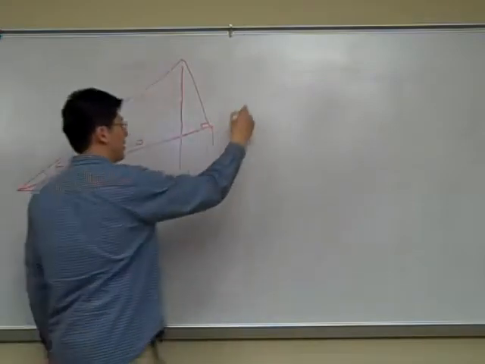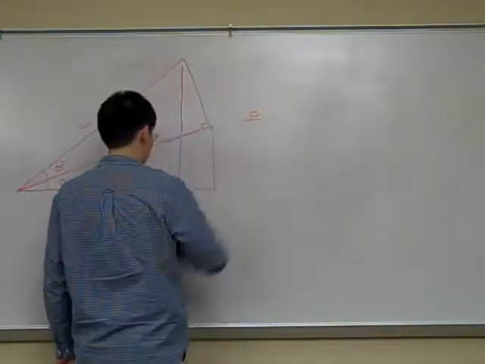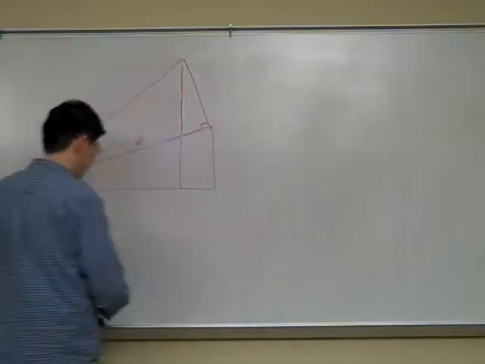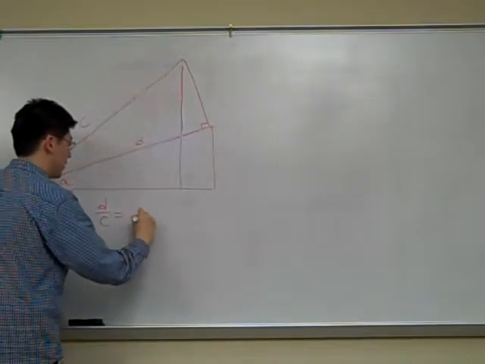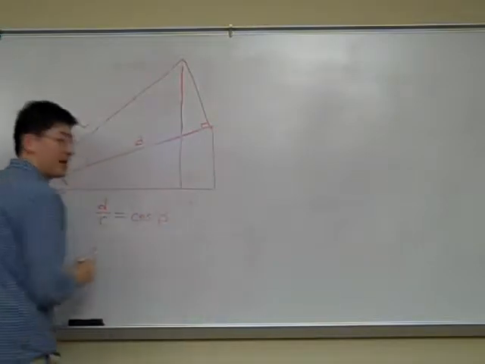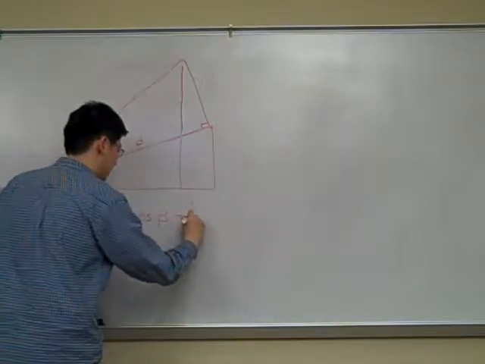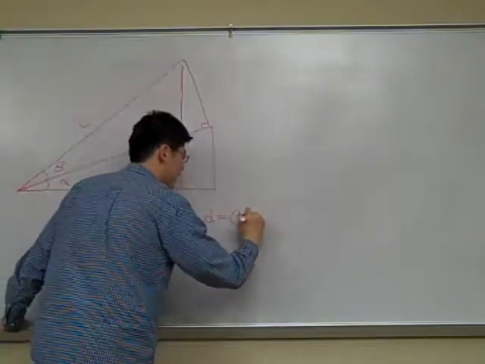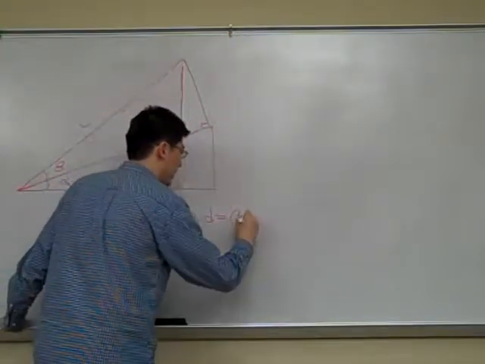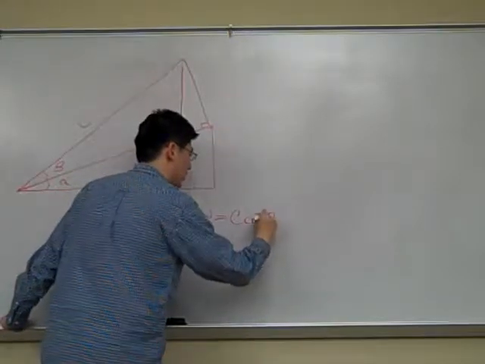So that means that D divided by C is cosine of beta, right? And of course this simplifying algebraically gives us that D is equal to C cosine of beta.